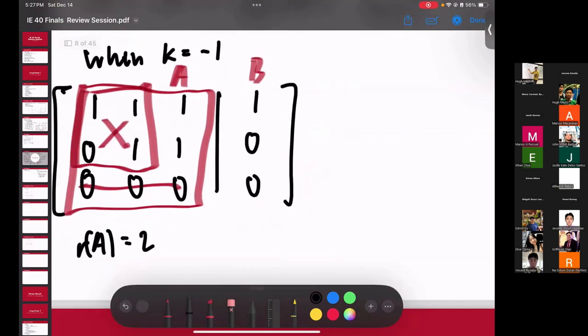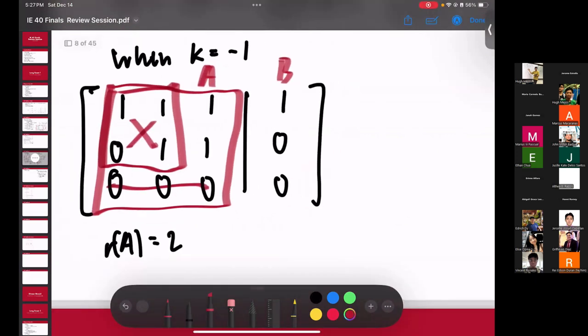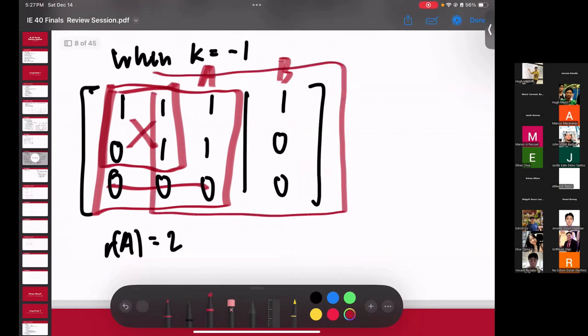In this case, we can pick this again. For this one, as you can see, same thing. One whole row is 0. So by the properties of determinants, the determinant here is 0, and therefore its rank cannot be 3.